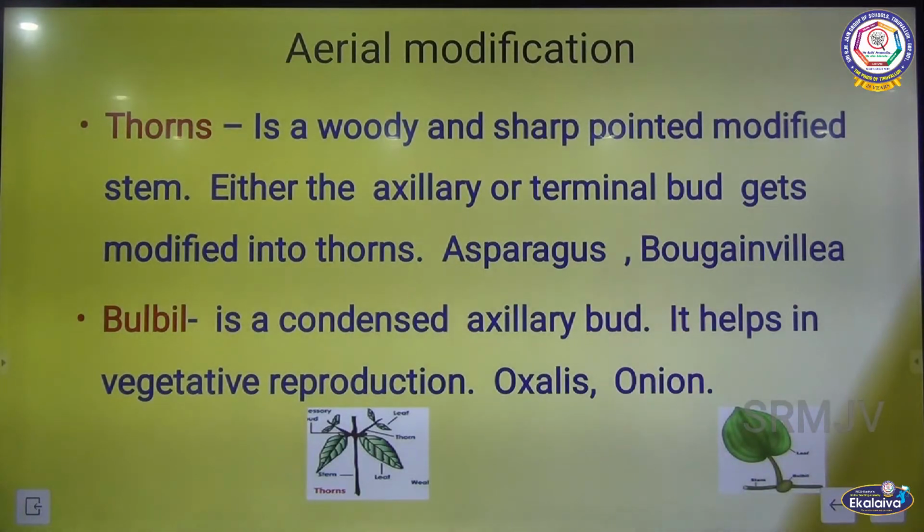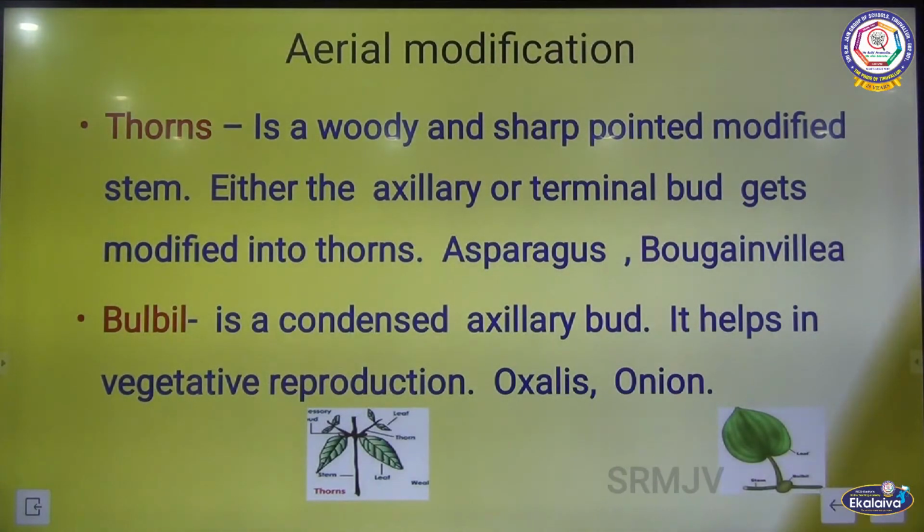And bulbil is a condensed axillary bud which helps in vegetative reproduction, which you can find in Oxalis and onion. In the picture, you can see at the base of the petiole, there is a small condensed axillary bud, that is what we call a bulbil.